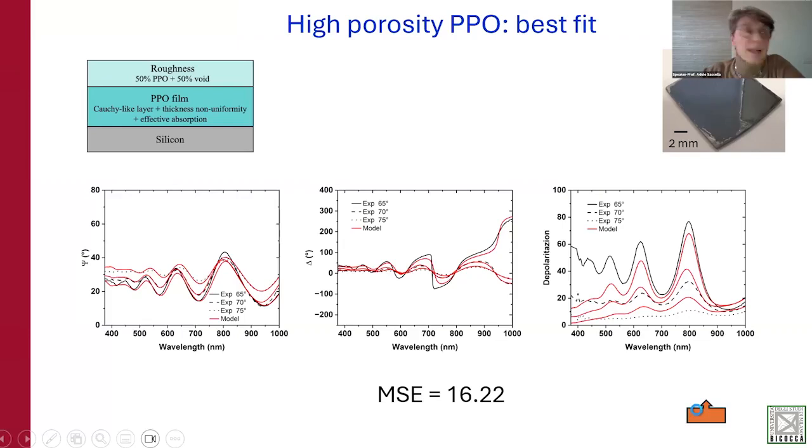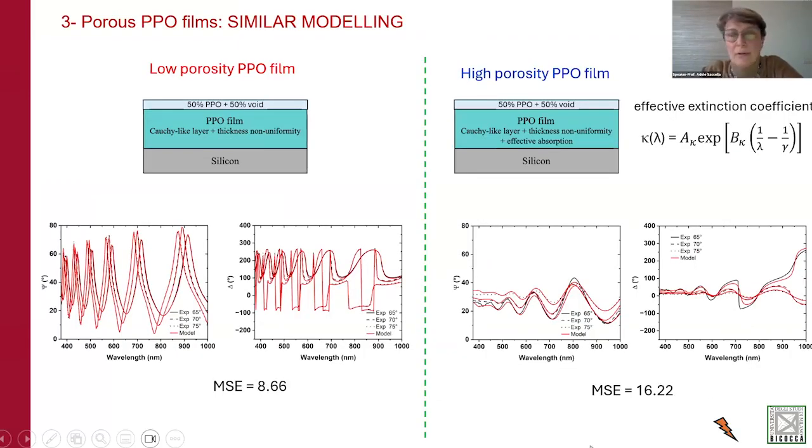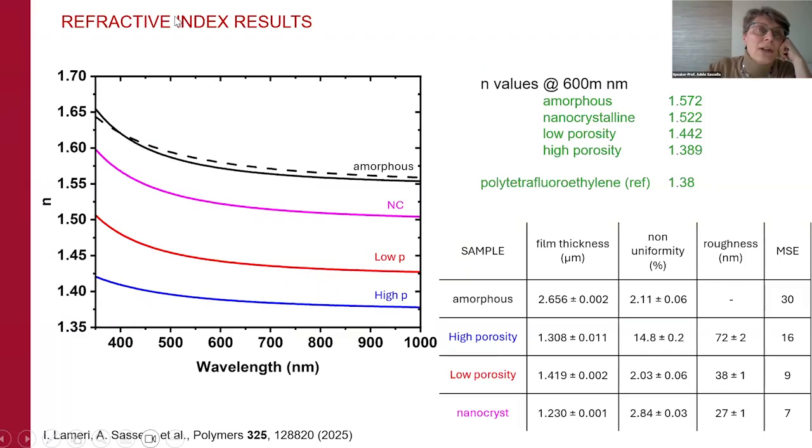So back to our results. I'm close to the end of my seminar. Here is the whole series in terms of refractive index. So we have the amorphous, and again the dashed line is the reference, pure PPO, a completely amorphous film from the literature and of the standard synthesis, nanocrystalline, low porosity, and high porosity.